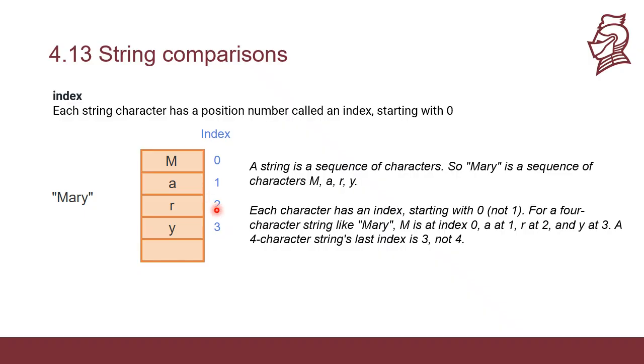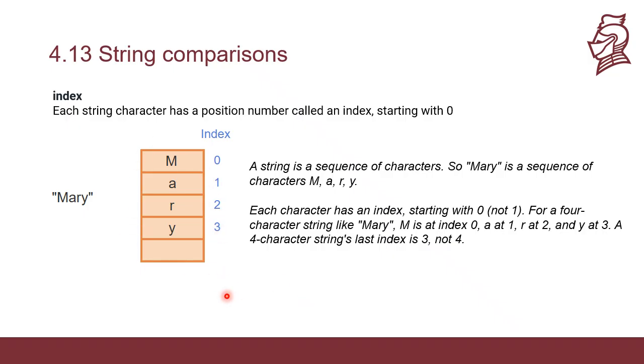The R is 2, and the Y is 3. Whenever we do this kind of thing in Java, and for the most part in software engineering, we always start counting at 0. So there are 4 characters in this string, 0, 1, 2, and 3. So 4 characters, 0 through 3.